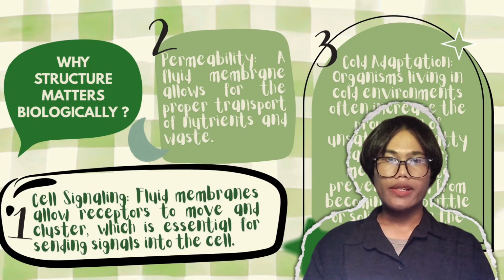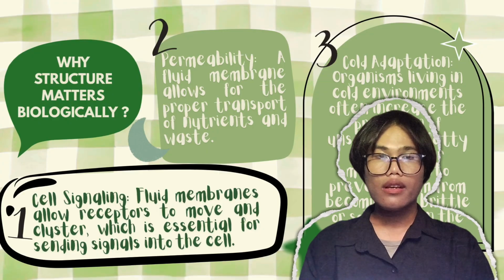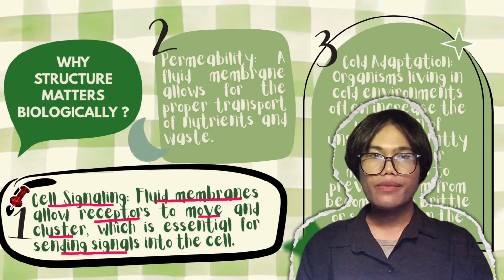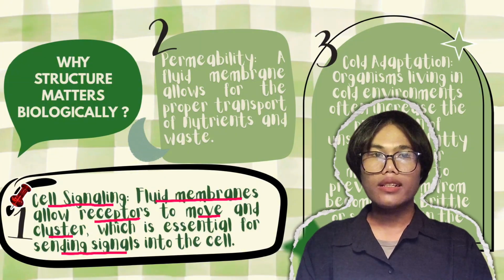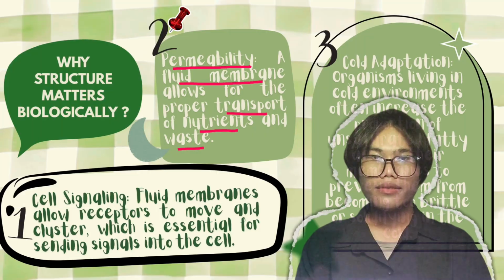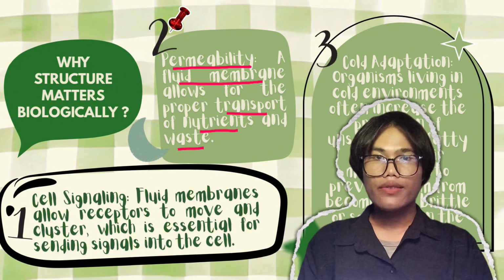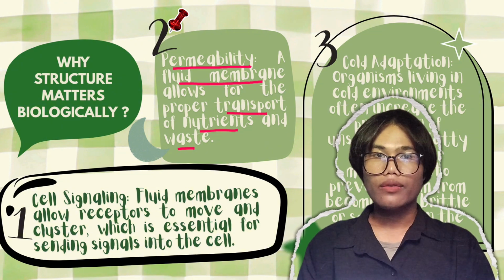This fluid structure is biologically vital for three main reasons. First, it enables cell signaling, allowing transport proteins and receptors to move laterally and cluster together to transmit messages. Second, it regulates permeability, creating tiny, transient gaps that let nutrients in and waste out.